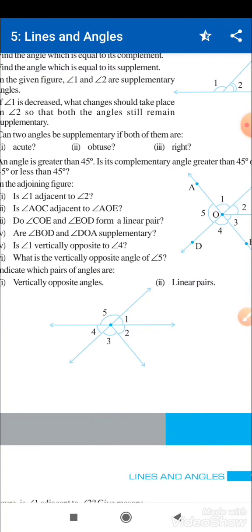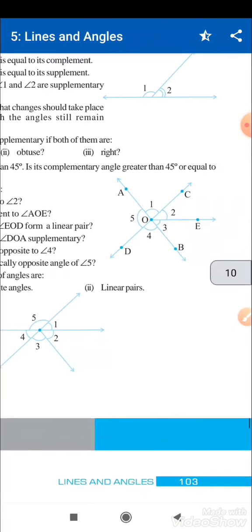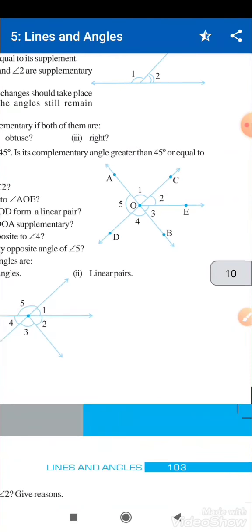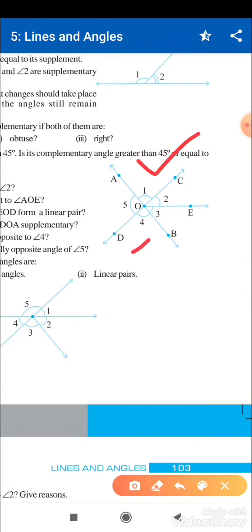Next question: angle 1 is vertically opposite to angle 4. Here we have angle 1 and angle 4. It is also clear from the figure that AB intersects CD at the point O, and angle 1 is vertically opposite to angle 4.